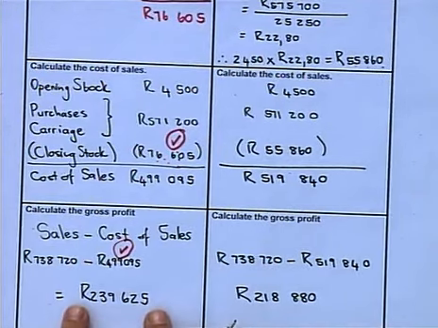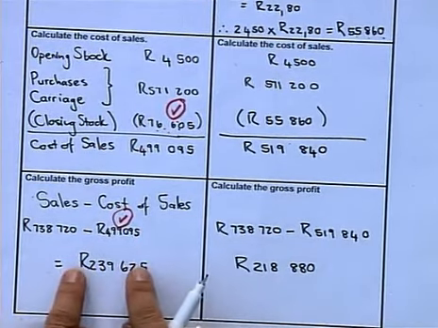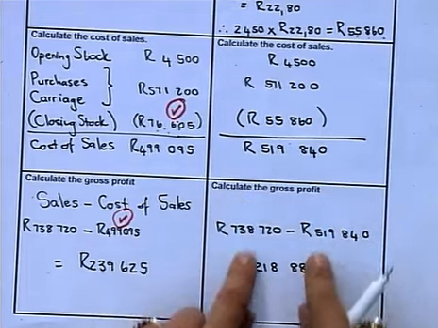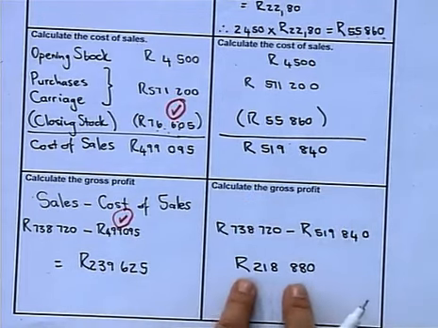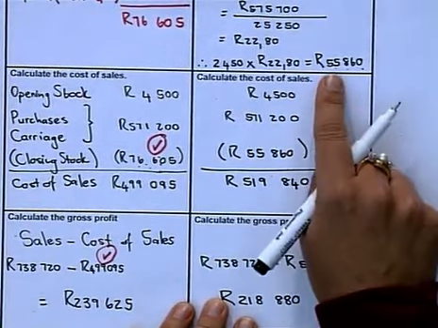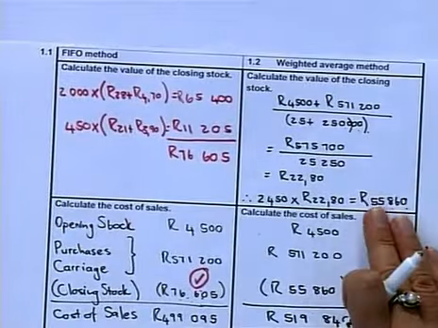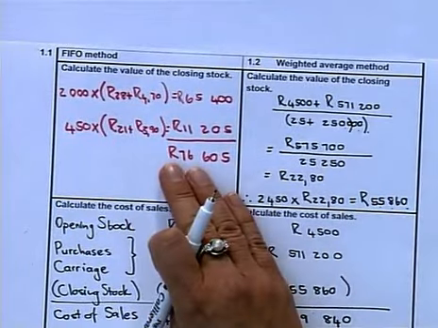Now, you are not expected to interpret this in this question, but if you just look at it quickly, if you use the FIFO method, you're going to have a bigger gross profit, which will result in more tax. If you use the weighted average method, you will have a smaller gross profit, but if you wanted to sell your business, the value of your trading stock is shown at a lower value than the value of your closing stock there.